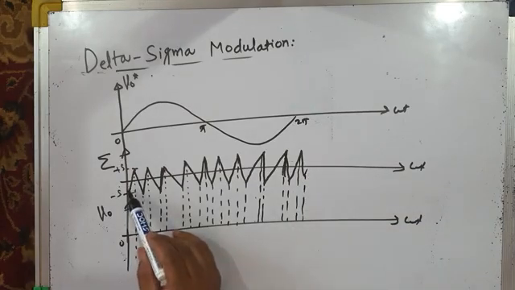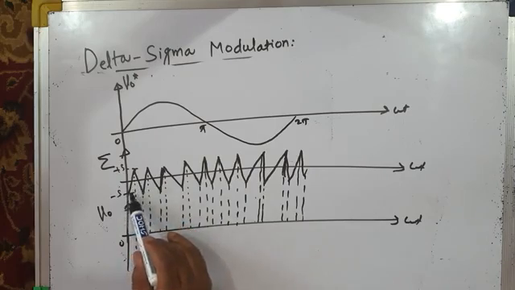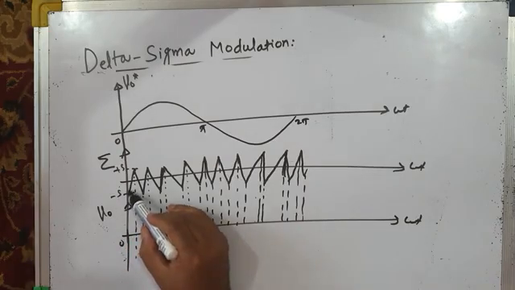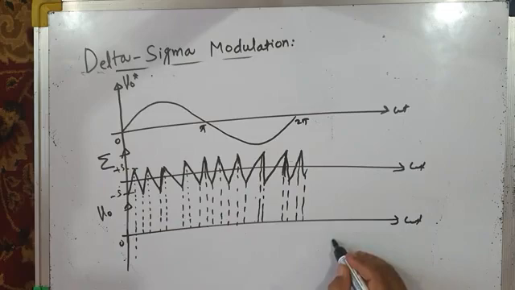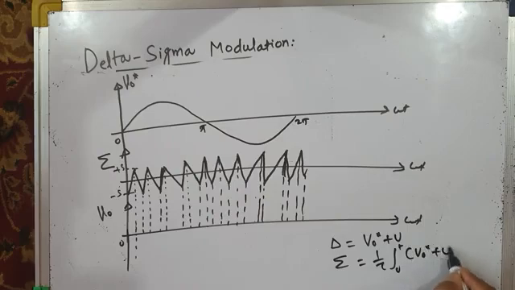We already know, as we have seen a few moments back, when your inverter output pole voltage is minus VDC by 2, this is the error. So delta is V naught star plus U, and when this is integrated, sigma is 1 by tau integration 0 to t of V naught star plus U dt.